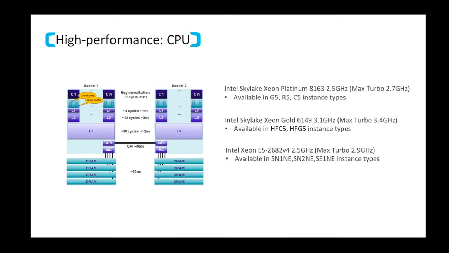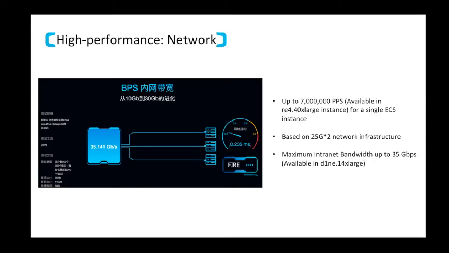The third one, Intel Xeon E5-2682 v4, is an Intel Broadwell CPU, and the base performance is 2.5 GHz and can be turbo to 2.9 GHz. It's available in network enhanced instance families. As you can see from this slide, it means SN1NE, SN2NE, and also SE1NE.